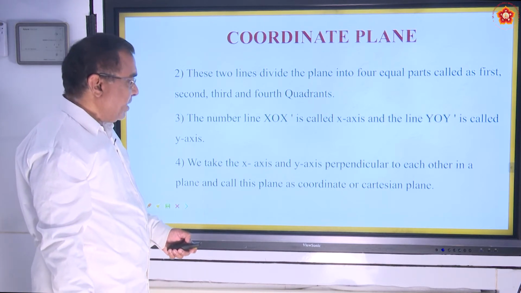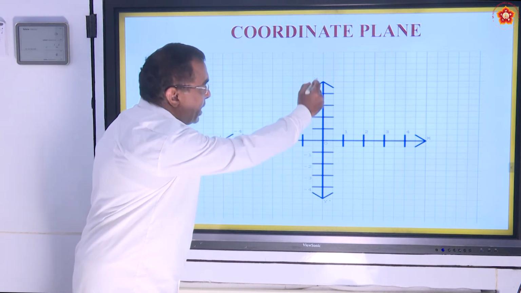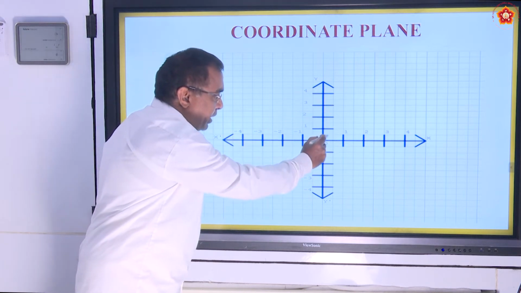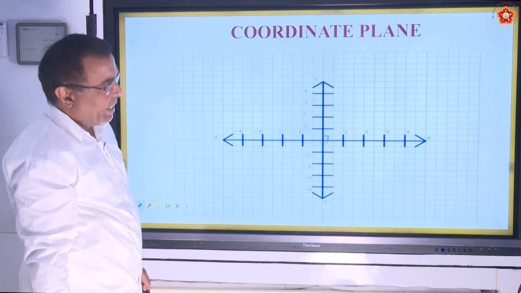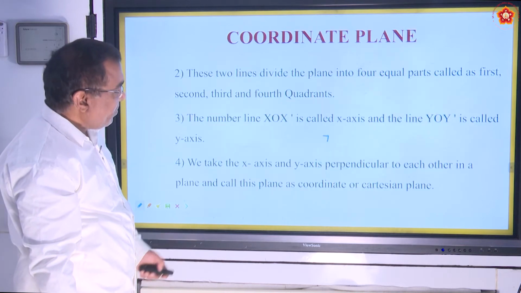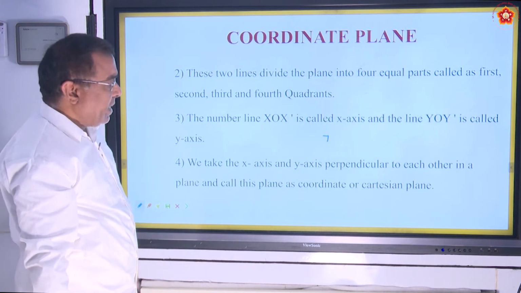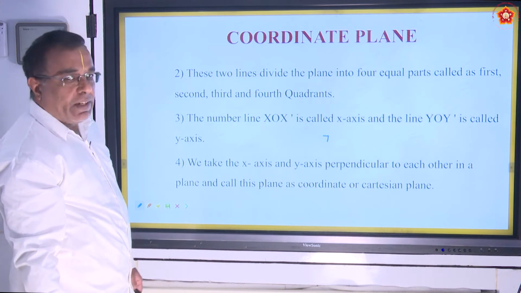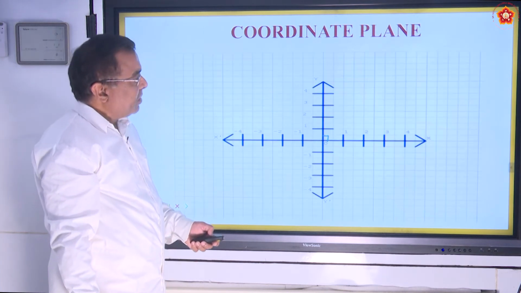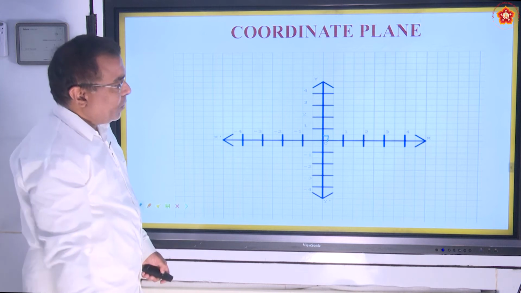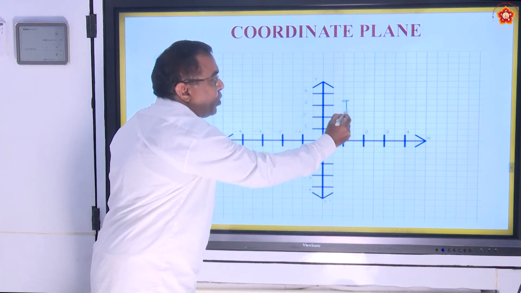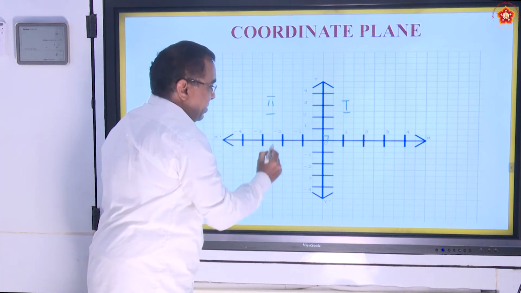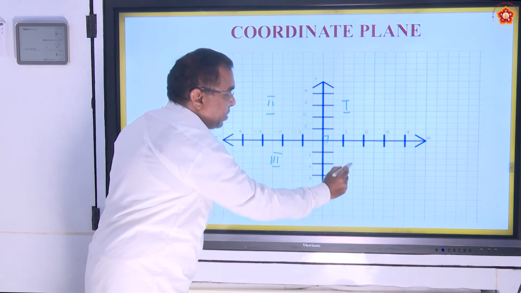Okay, as you are observing, these are the x and the y-axis, they are perpendicular to each other. Perpendicular means what? They will make 90 degrees with one another. And this particular plane, we call it a coordinate or Cartesian plane. This is the description of whatever I told you. So again, for your understanding, these are the first, second, third and the fourth quadrants.